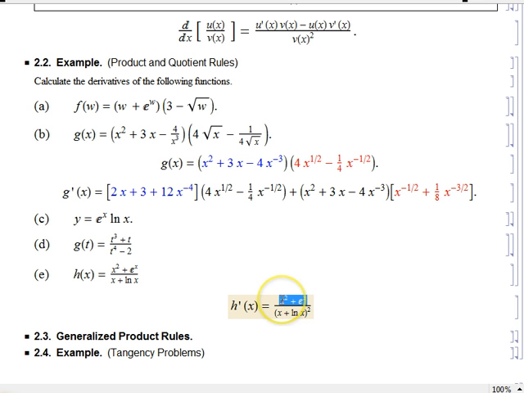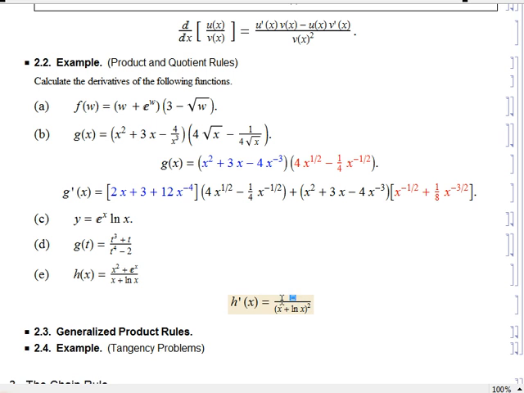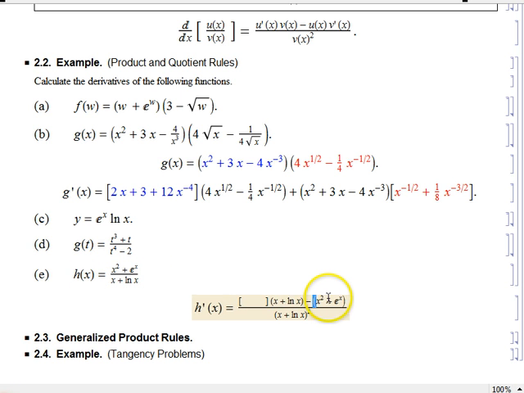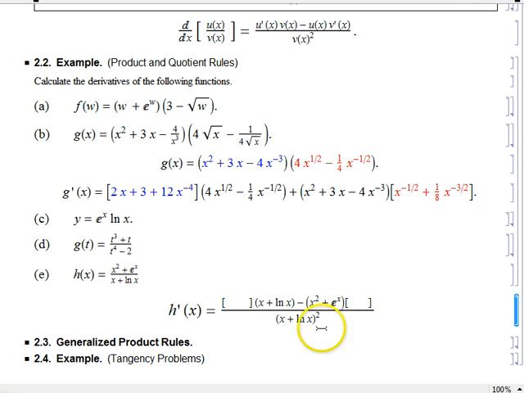And then we have the derivative of the numerator times the denominator, minus just the numerator times the derivative of the denominator. That's the way we get the structure of the quotient rule.